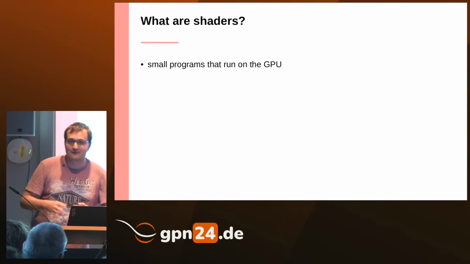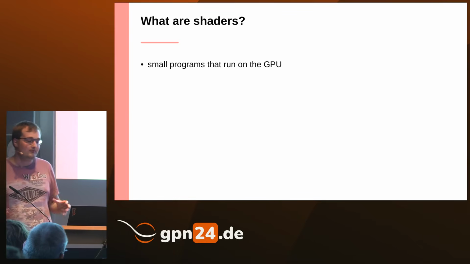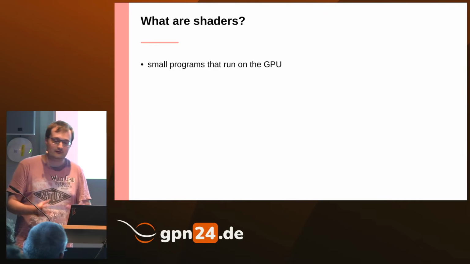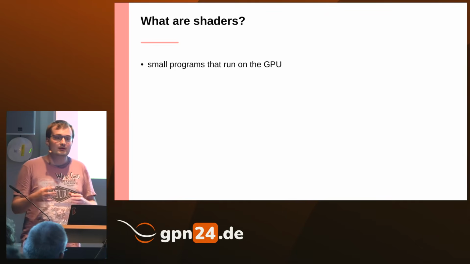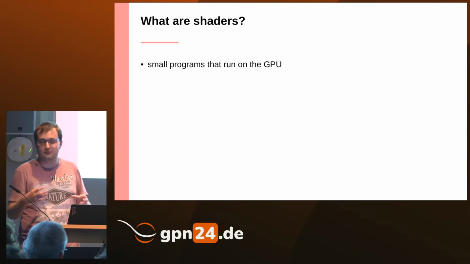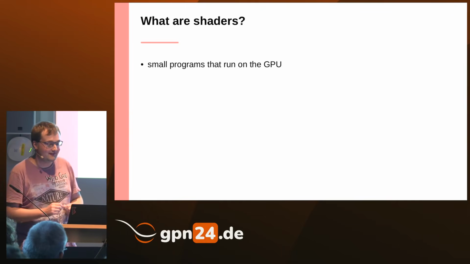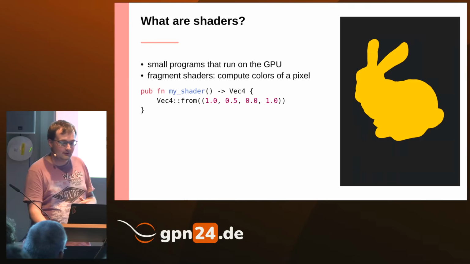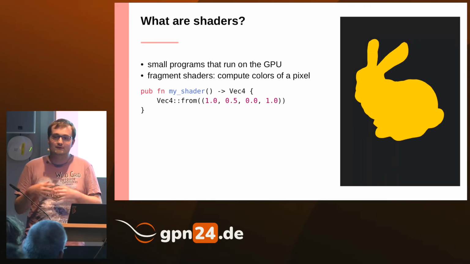So to give you some context of what Rust GPU really is, first we need to talk a bit about what shaders are. Basically, shaders are these small little programs, air quotes small, that we run on the GPU. There are different types.